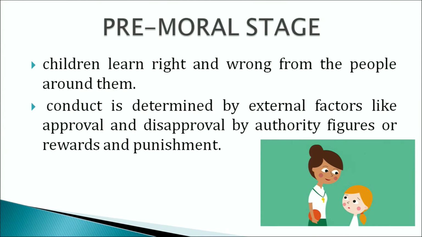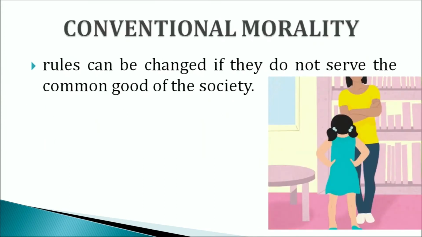As the child approaches middle childhood, the capacity to understand relationships and moral codes expands and it continues to grow in adolescence. At the level of conventional morality, children tend to believe that rules can be changed if they do not serve the common good of the society.